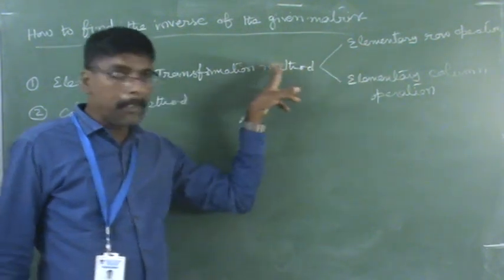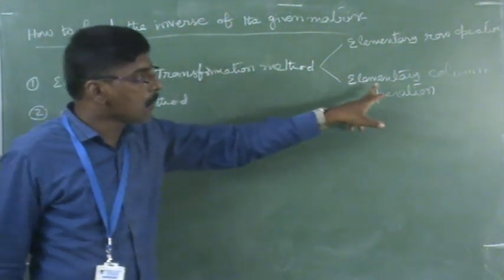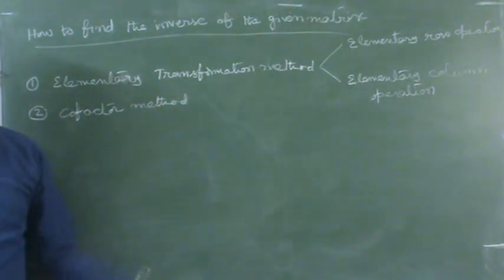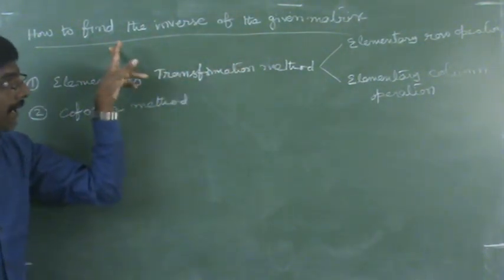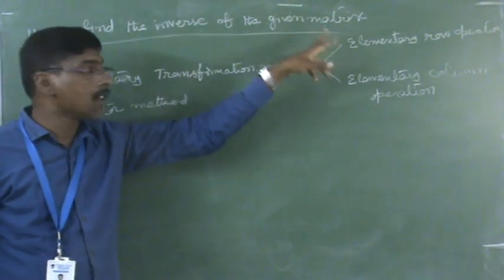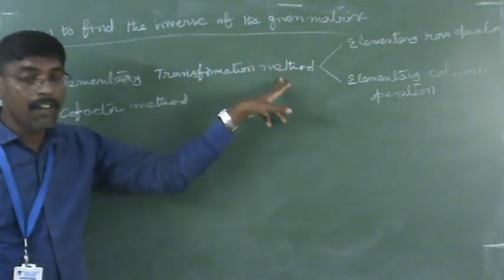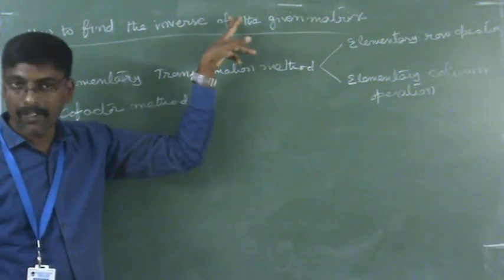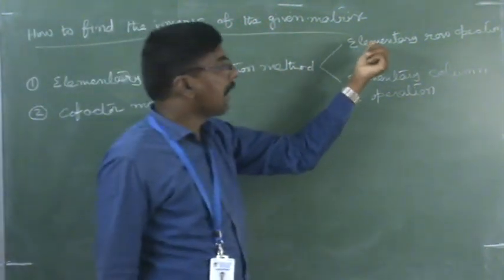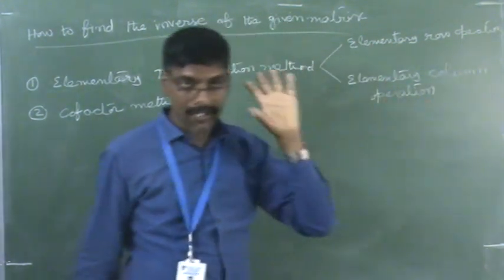By using elementary row operation, we can find the inverse of the given matrix. By using elementary column operation, we can also find the inverse of the given matrix. These are the methods to find the inverse of the given matrix.